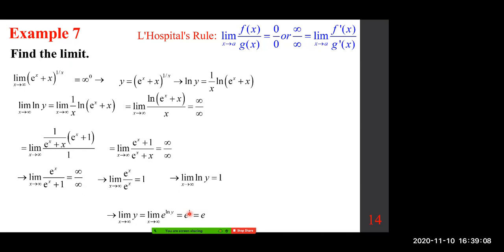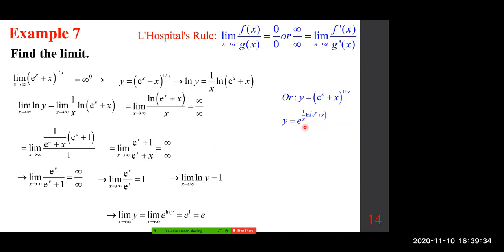Now, most of the time, this is the method. I just quickly show you that you could do the second method, okay, as follows. Given this function y equals e to the power of x plus x to the power of 1 over x, we can write it in this format, and I hope you see that, okay?